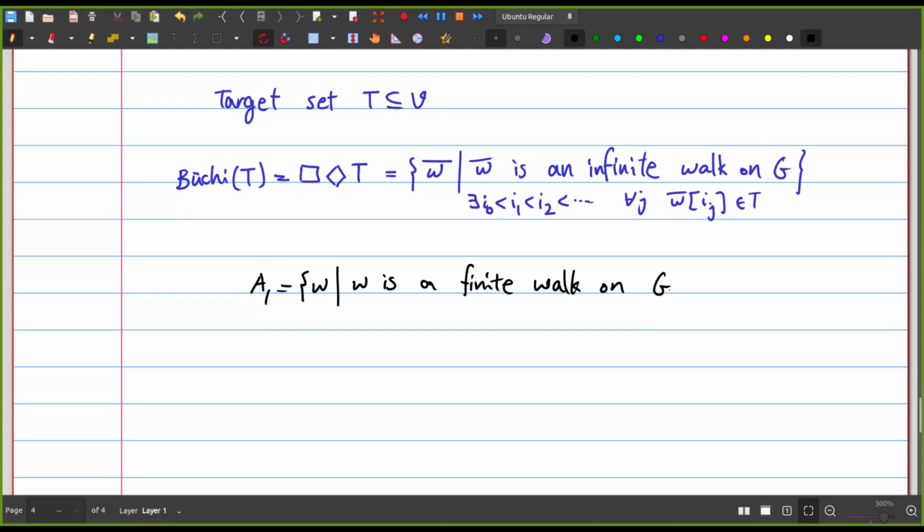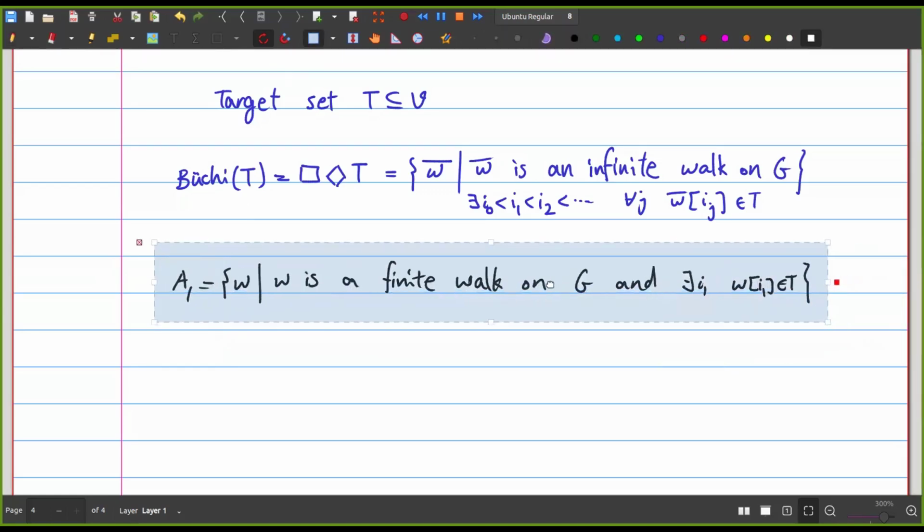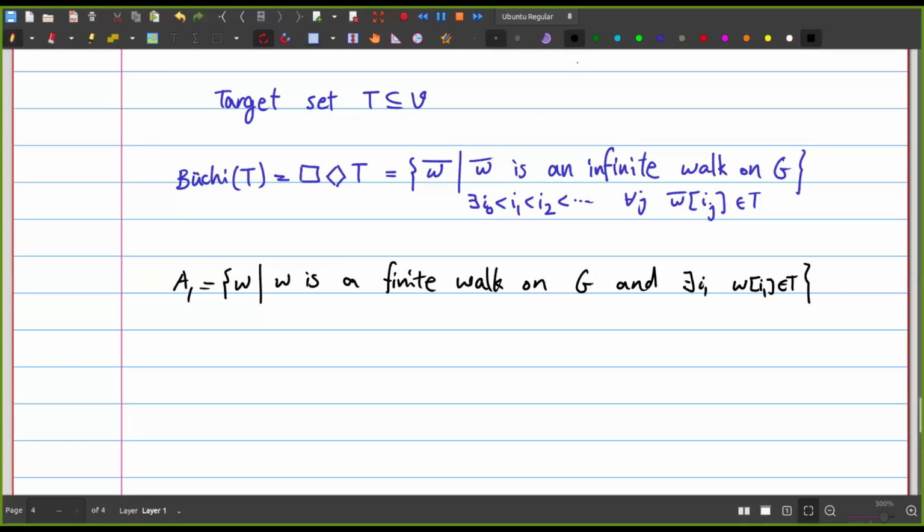Well, I don't need to say exactly once. I can say at least once. So W is a finite walk on G, and there exists some index I1 such that W_I1 is in T. So A1 is the set of all the finite walks that visit my target set T. Now I say A2 is the set of all finite walks that visit it at least twice.